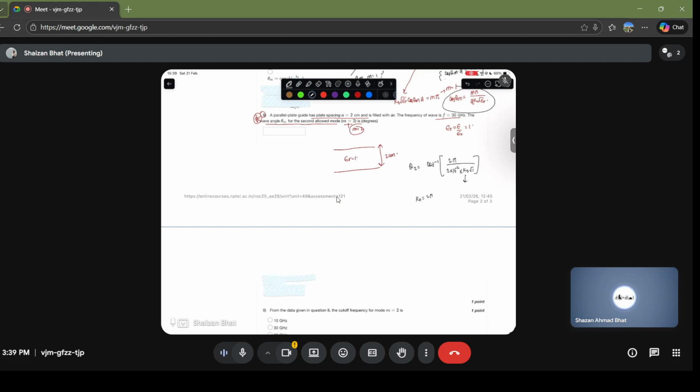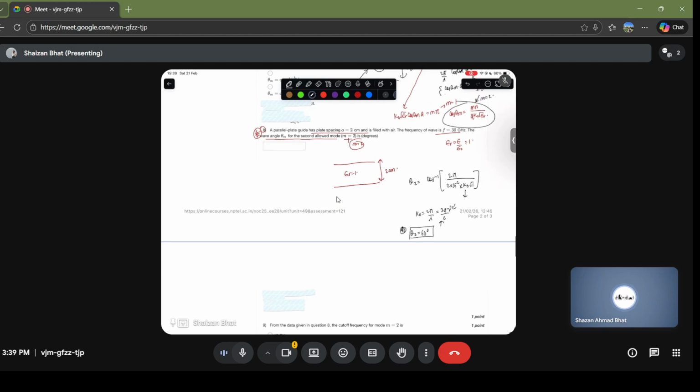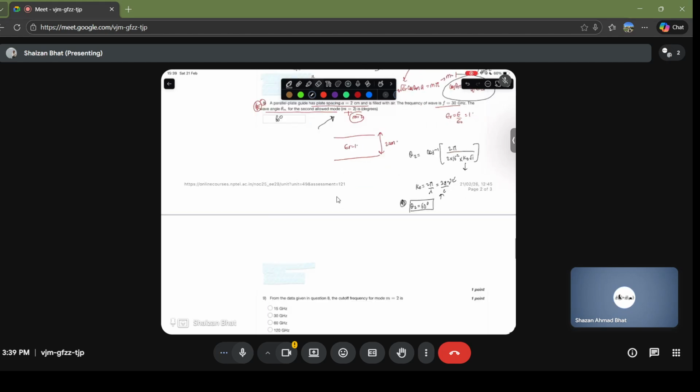K naught is 2 pi over lambda, so it will be 2 pi over c into nu. You put the values into k naught and you're going to get the value of theta 2 to be equivalent to 60 degrees. So this will be the wave angle for the second allowed mode. Let's check the answer. Yeah, it's 60 degrees.